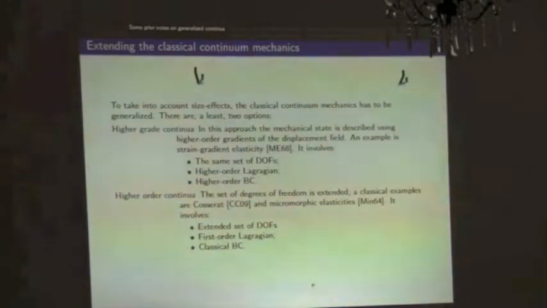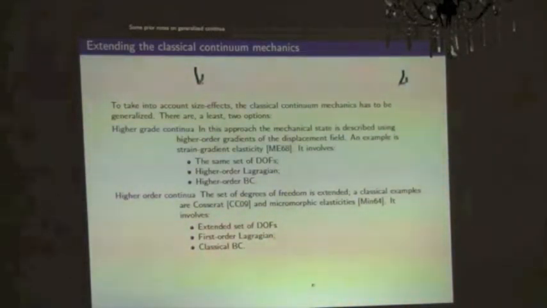I will keep as a degree of freedom the displacement field, but I will say everything is varying very quickly, so the information about the strain is not enough to capture what is going on within the matter. To capture this effect, I will take another piece of information, which will be the gradient of my strain measure. And doing so, I will add gradients in my formulation.